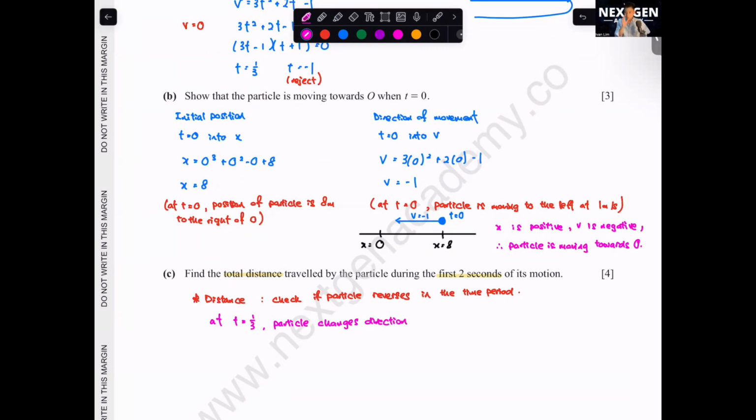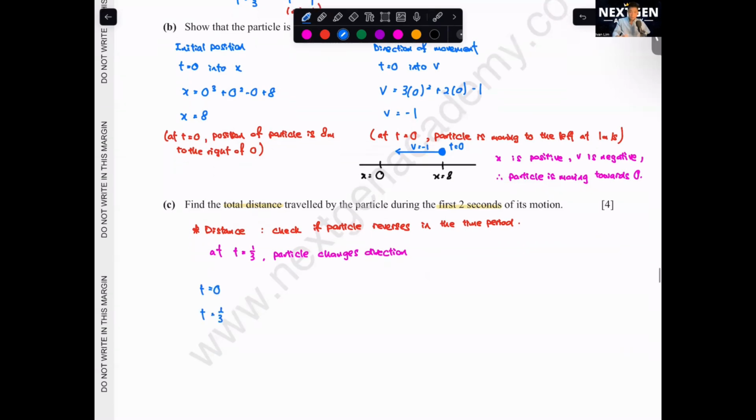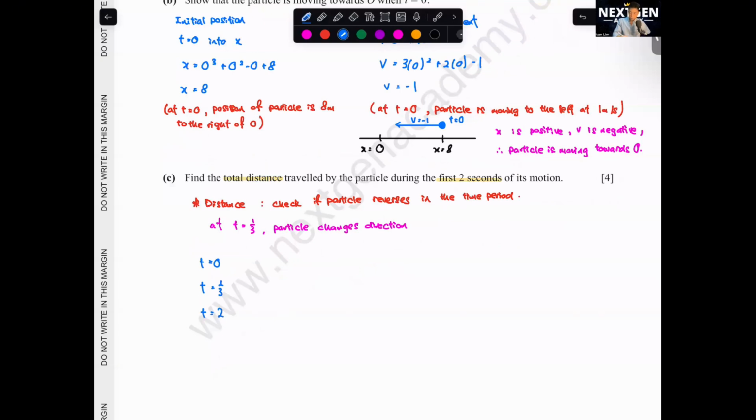Just now Sean said about displacement. Now we find the displacement at 3 main points: t equals 0, t equals 1 over 3, and t equals 2. You understand why? Because displacement is about the position. When t equals 0, in the previous question we already found x equals 8, so your starting position is at 8.